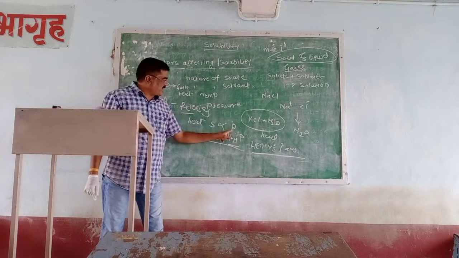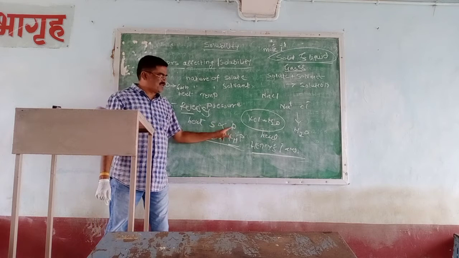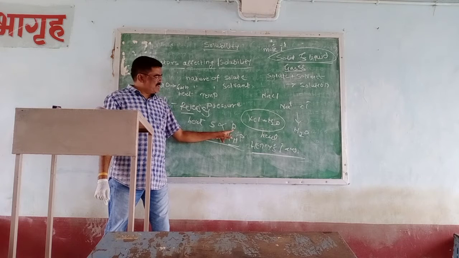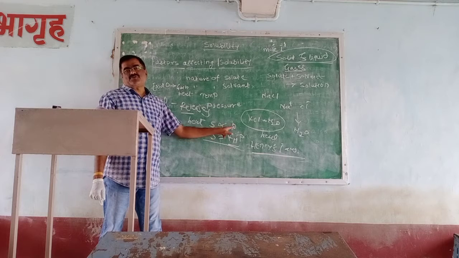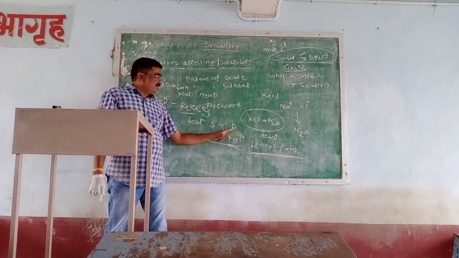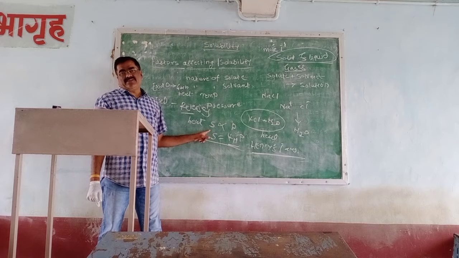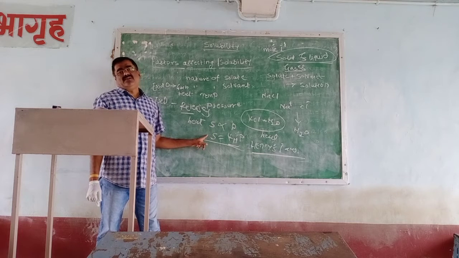As the pressure increases, the solubility will increase. Suppose S is the solubility and P is the pressure of the gas in liquid solution. At that time, S is directly proportional to pressure. As the pressure increases, the solubility increases. That is the statement of Henry's law.